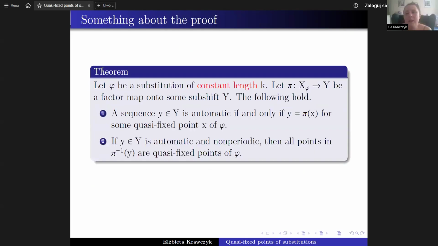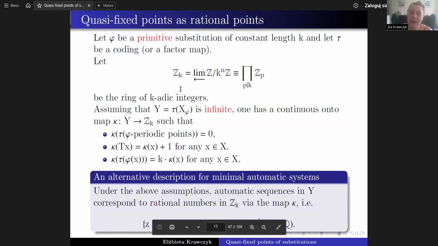Yes, so by the way, this is not my invention, this is well known. When there is no coding, the fact that this map exists is due to an old result of Dekking.